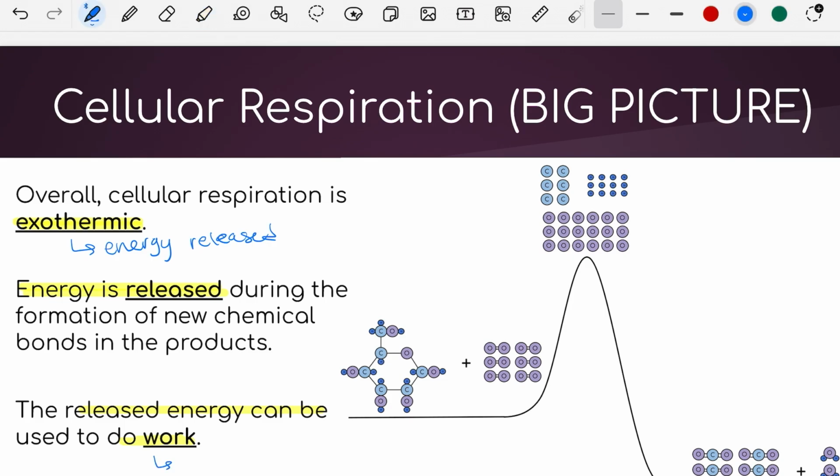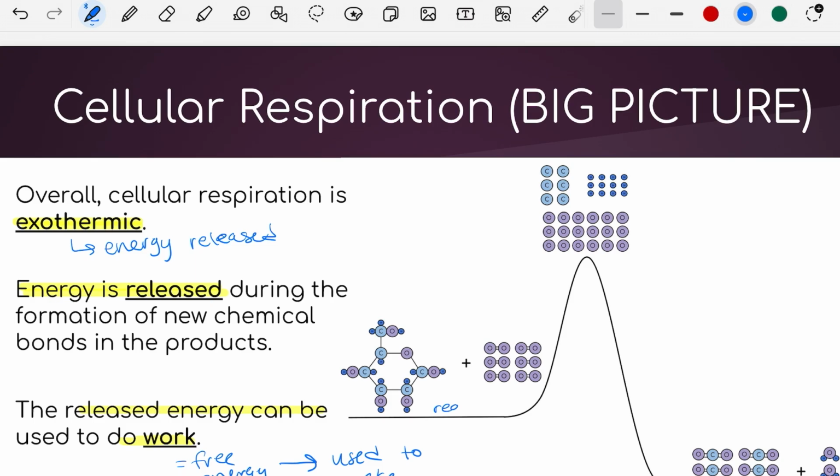Right, this equals free energy, and that is used to make ATP, NADH, and FADH2, which we will become familiar with later.